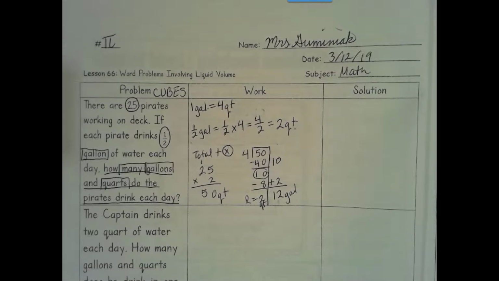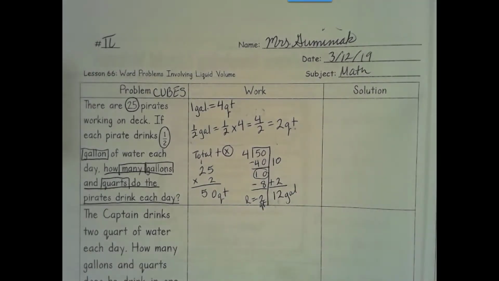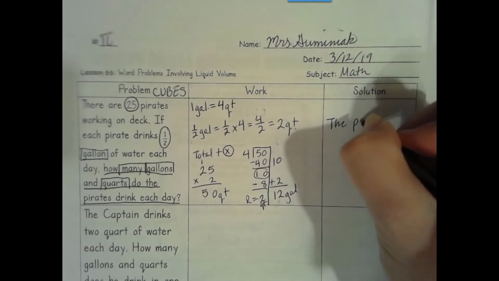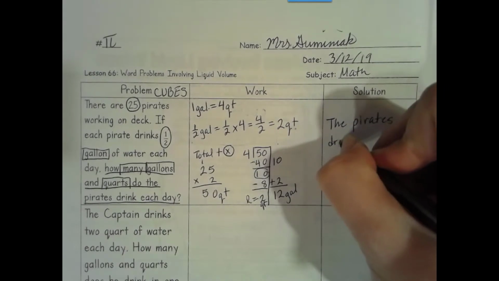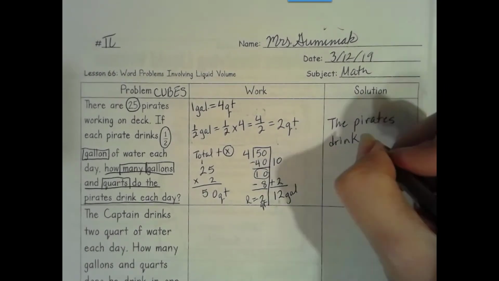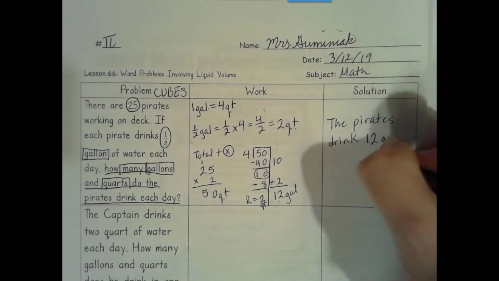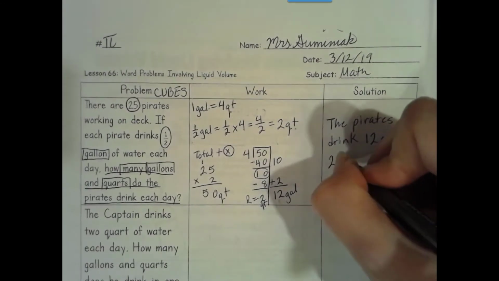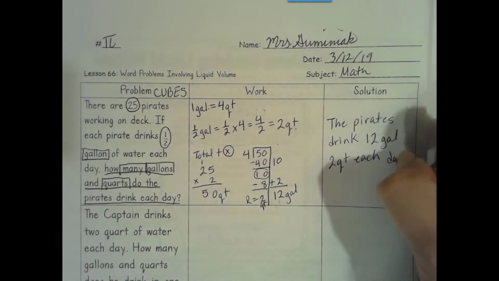So they drink 12 gallons and 2 quarts each day.